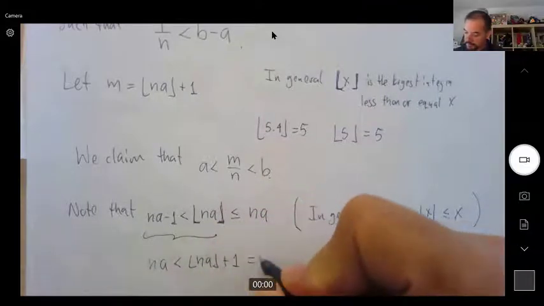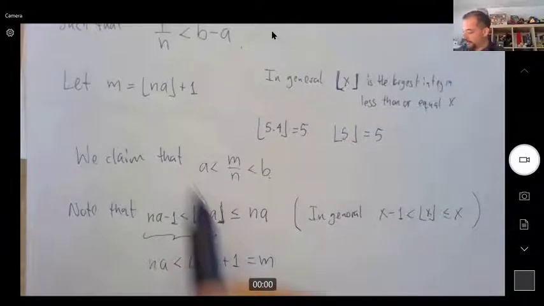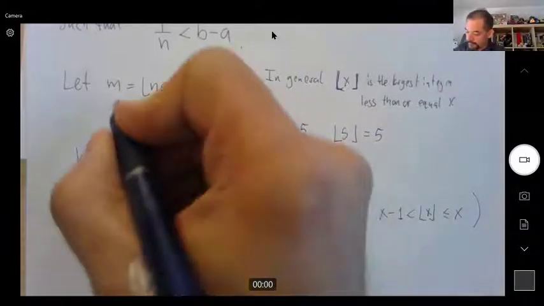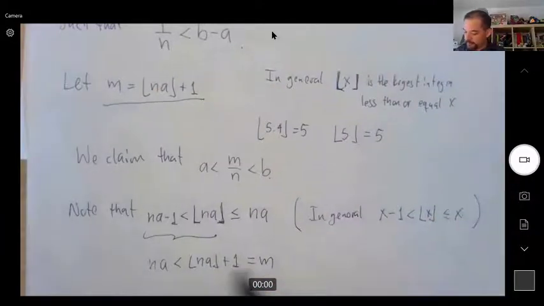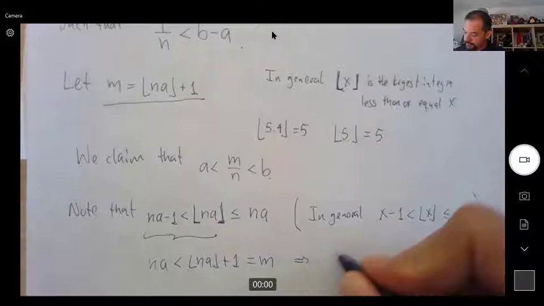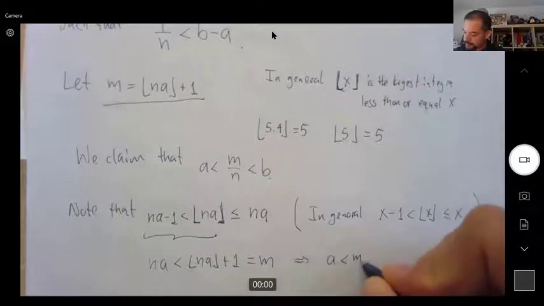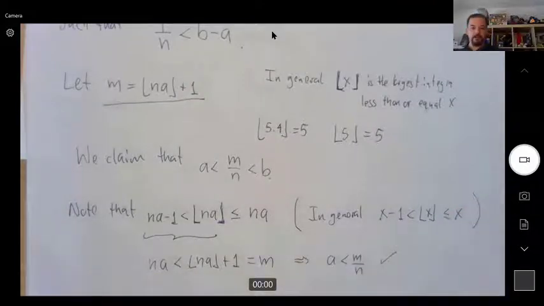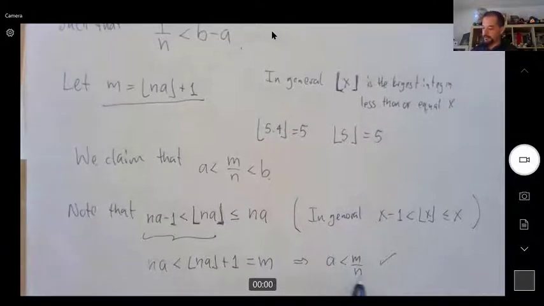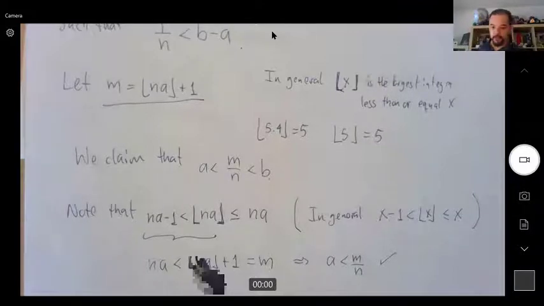But this is m. So m is bigger than an. And then if you divide by n, this means that a is less than m over n. So we're done with half of it, the left part.